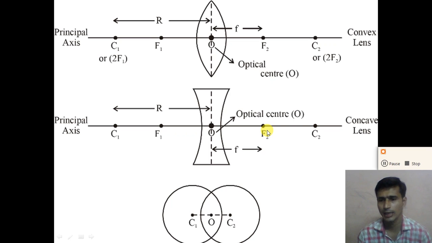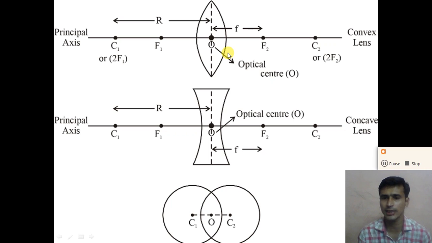The concave lens and the convex lens have two centers of curvature and two radii of curvature. So dear student, what do you mean by the radius of curvature? The radius of the imaginary sphere of which the spherical surface of the lens is a part is called the radius of curvature.